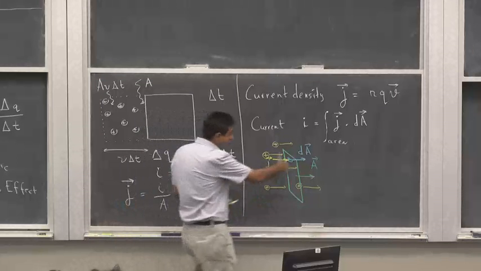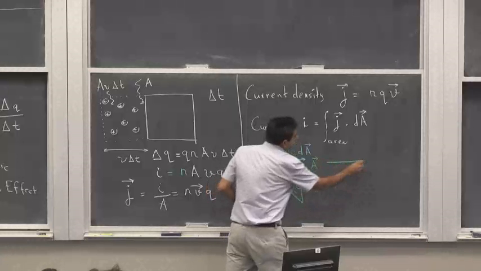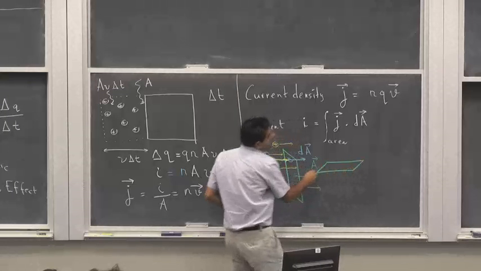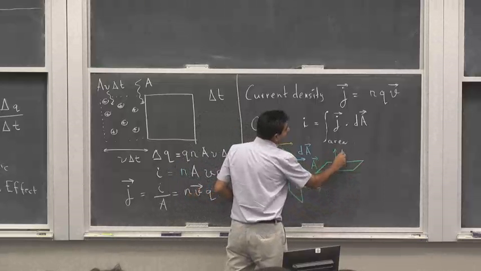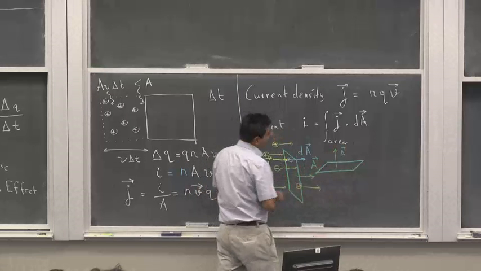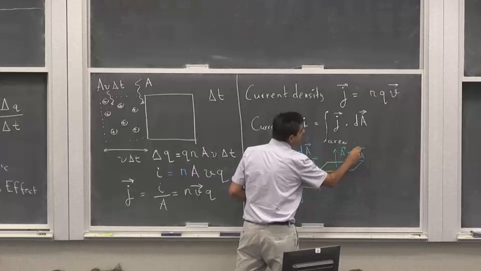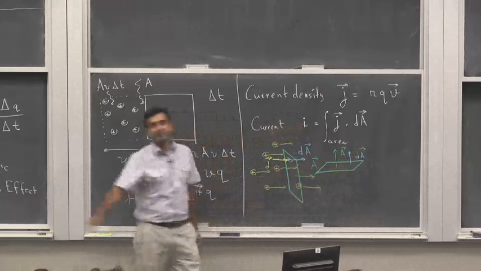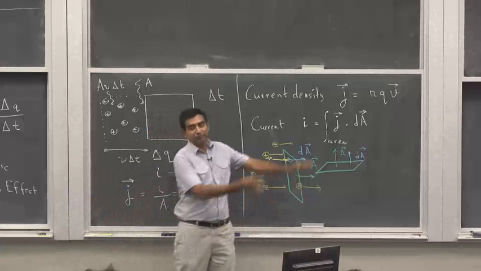If I rotate this plane so that I have a plane that is along the flow of charges, then the area vector, the dAs and the area vectors are going to be normal to the velocities. And the current through such an area inside the same medium is going to be zero, even though charges are really permeating, are going through this medium.